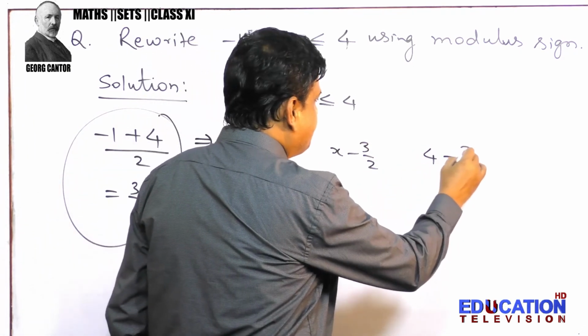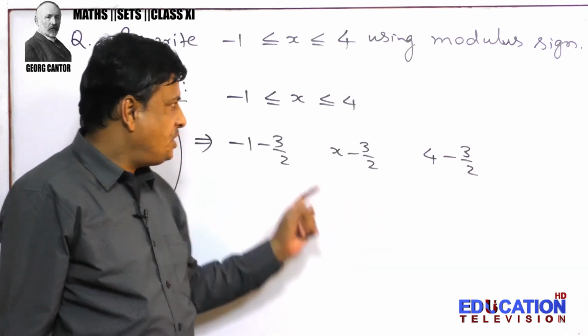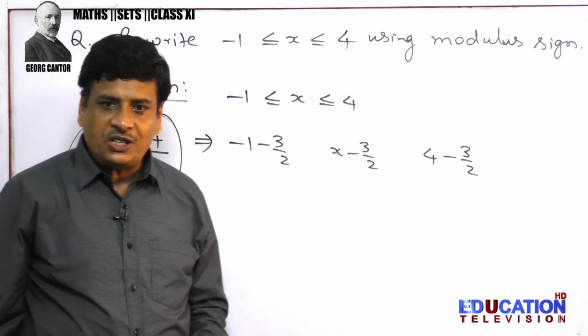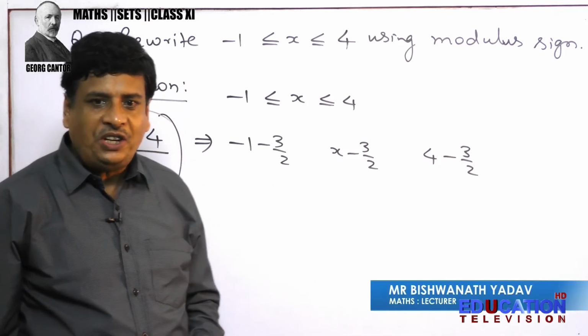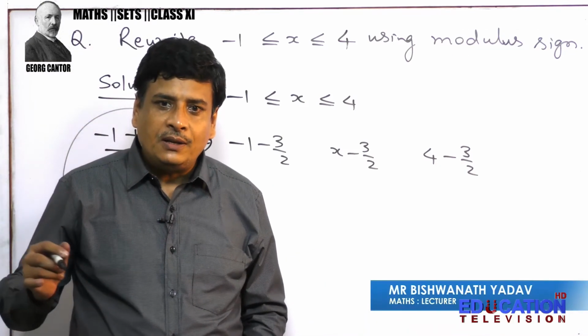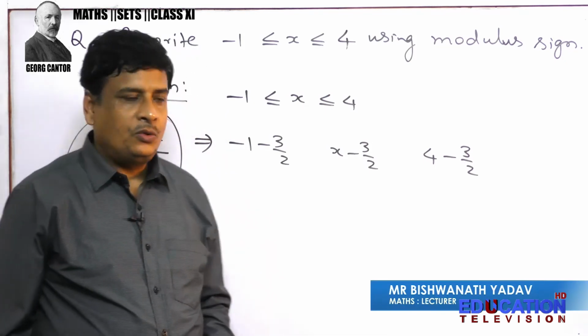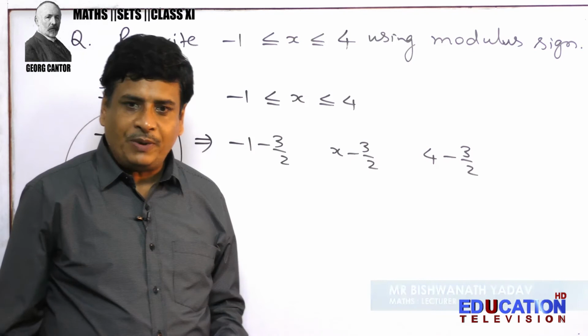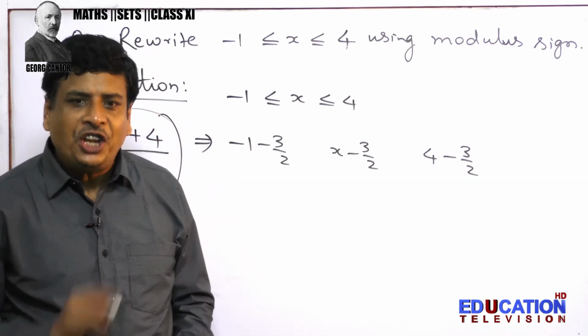The same number is subtracted, so the inequality sign will not change. In subtraction or addition, the inequality sign will not change whether you are adding a positive or a negative number. Only the inequality will be reversed in case the number by which you are multiplying is negative.